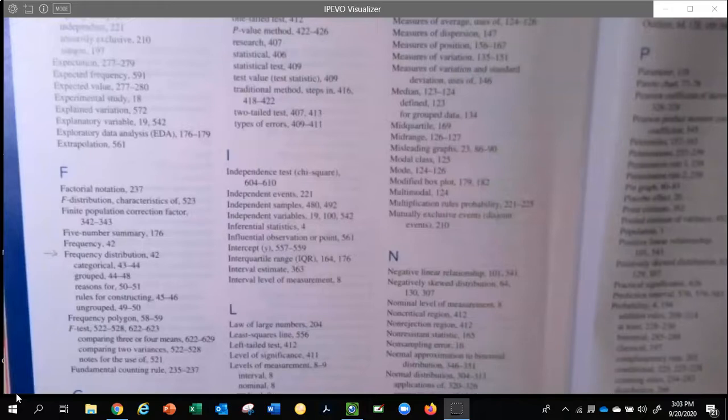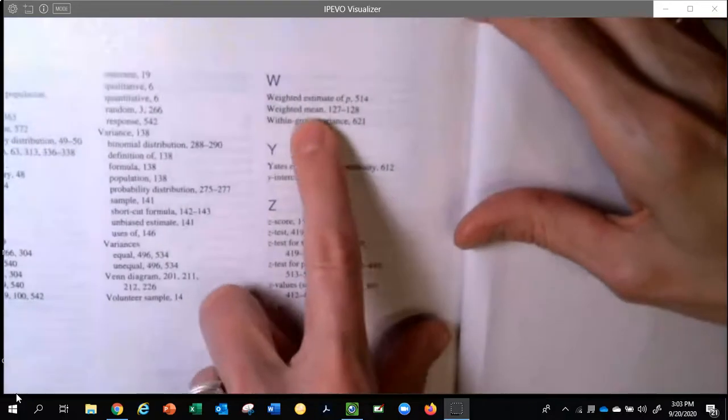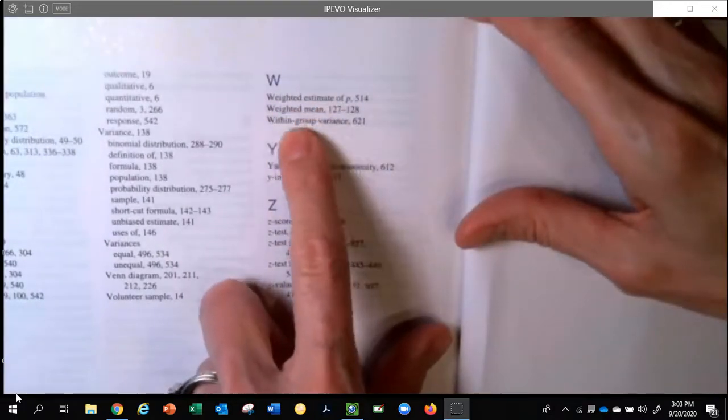You need to be able to calculate a GPA, a grade point average. I know that we've done an example of that. I would go back and look for that, find that, and make sure you know how to calculate a GPA. If you don't remember which part that was with, I'm going to go ahead and flip through here, and I'm going to go ahead and see here that there's a weighted estimate, weighted mean.